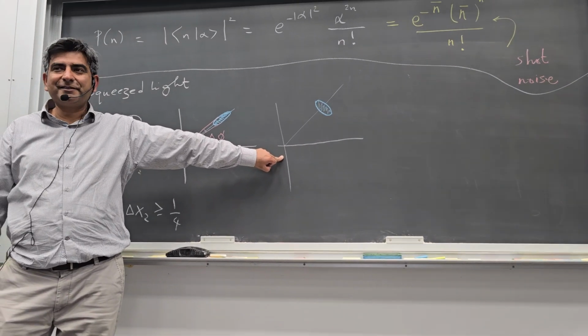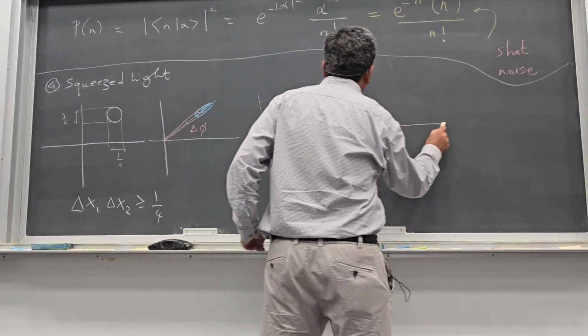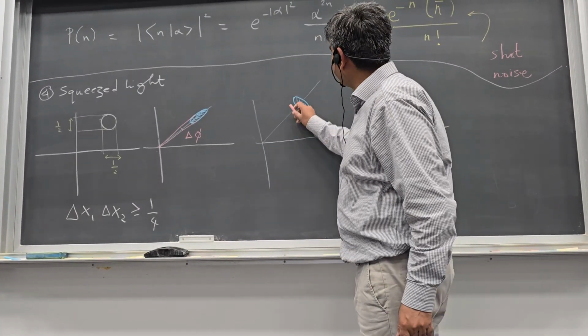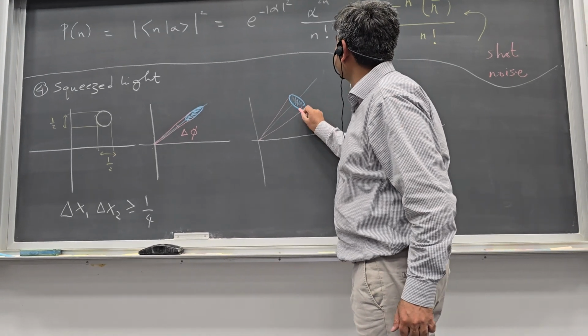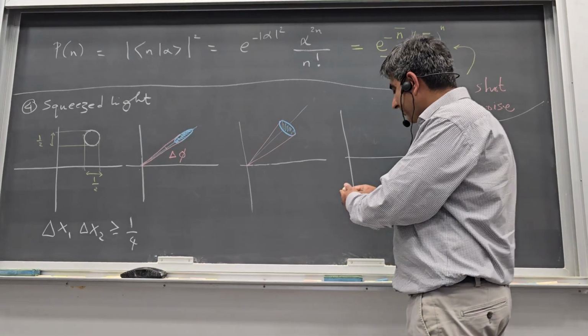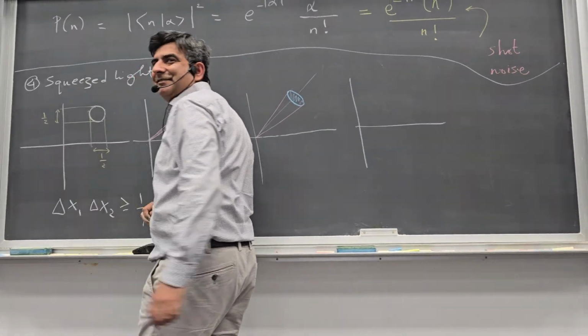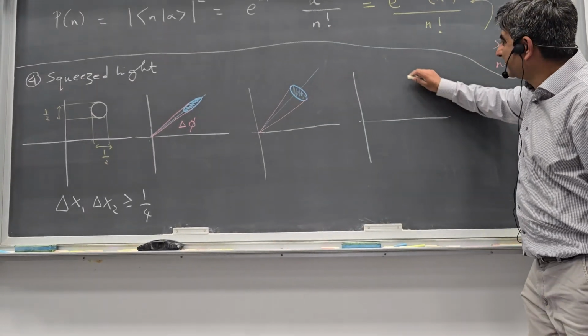It's also possible, in this case, to define an uncertainty in phase, some delta phi. Possible to do that here as well. But if I were to squeeze in the x1 dimension, I will get something of this kind, right?